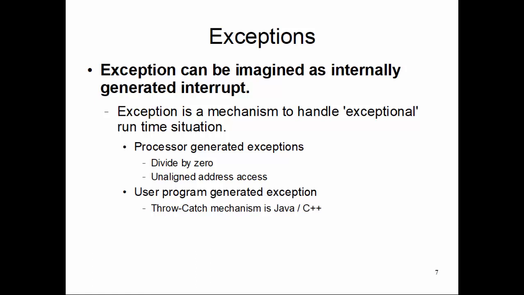An exception is a mechanism to handle exceptional runtime situations in an application program. There are some native processor generated exceptions like divide by zero or unaligned address access. And a user program can also generate exceptions, like the throw and catch mechanism in Java and C++. Those are user defined soft interrupts, or usually called an exception mechanism.